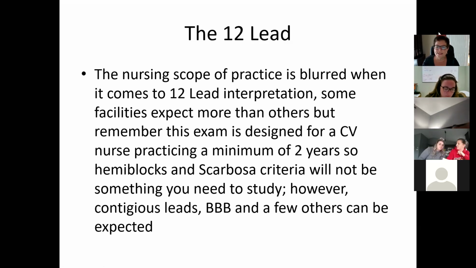So they're never going to say, hey, diagnose this hemiblock. Let's see if this is a STEMI or a left bundle branch block using Sgarbossa criteria. Those are just not things that you need to know. But you do need to know contiguous leads, a little bit about bundle branch block, and a few other things that I'll focus on next.